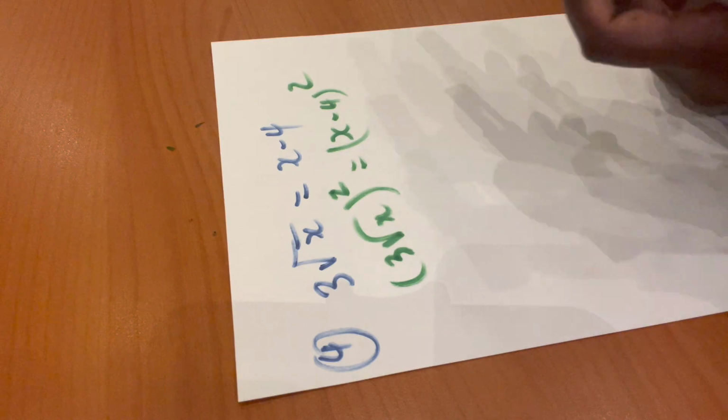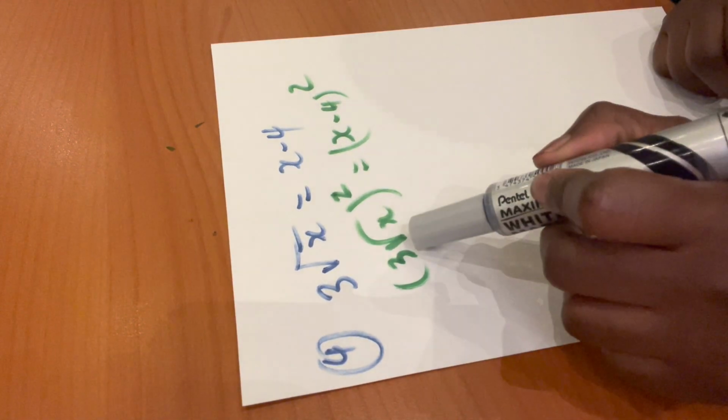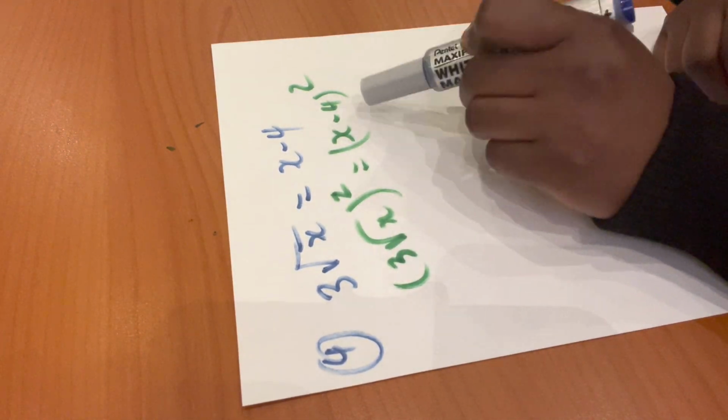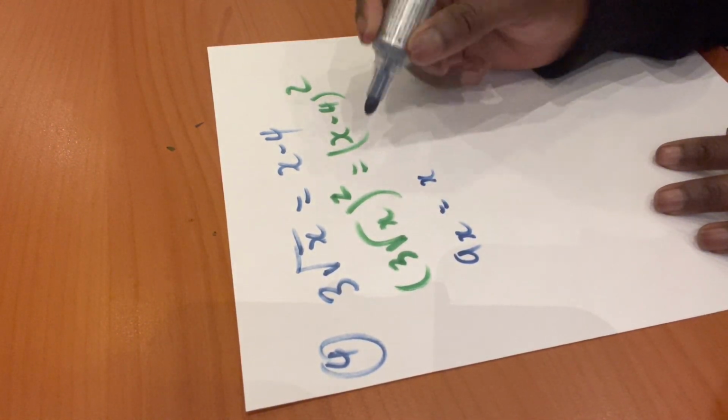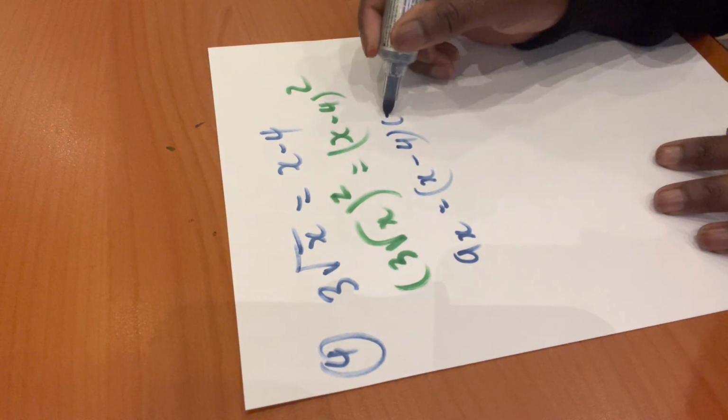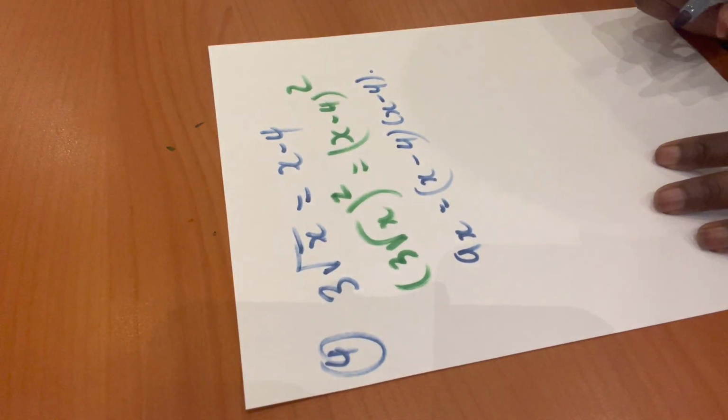That's the law of balancing the equation. Whatever you do on one side, you have to do on the other side. Please don't forget this, guys. Then I have 9x is equal to x minus 4, all squared.